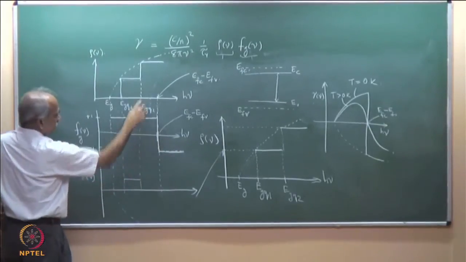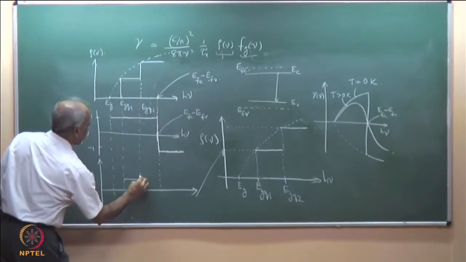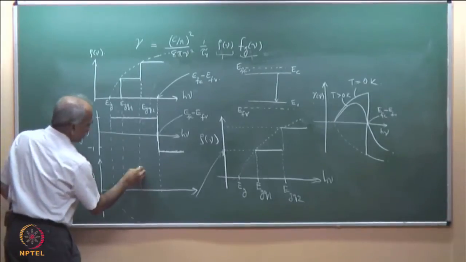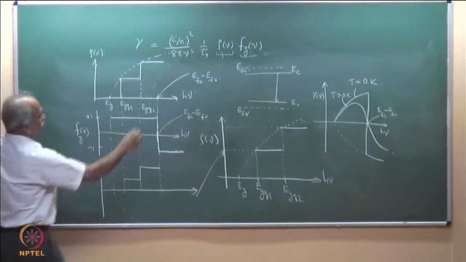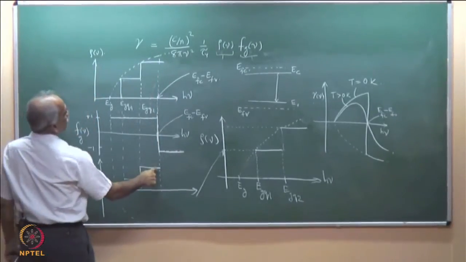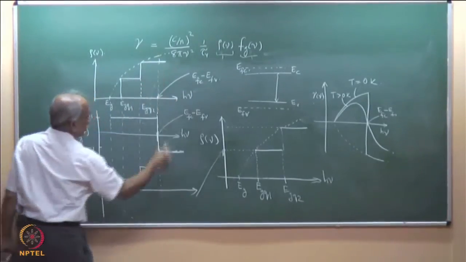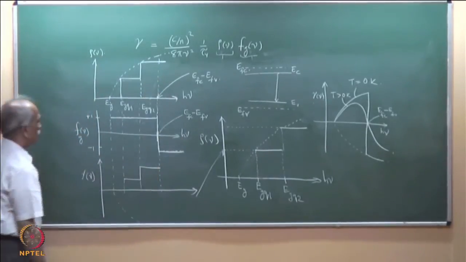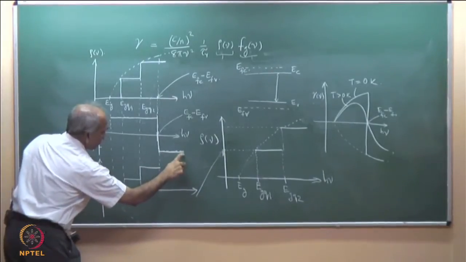When you come to this value Eg Q2, there is a jump. So, the gain also just becomes double, because the density of states becomes double. At this value here, so this has gone up to this, but the next Eg Q3 has not come, but at this value we have Fg of nu becoming negative, minus 1.